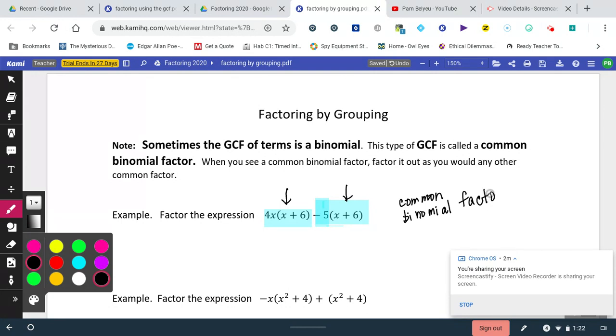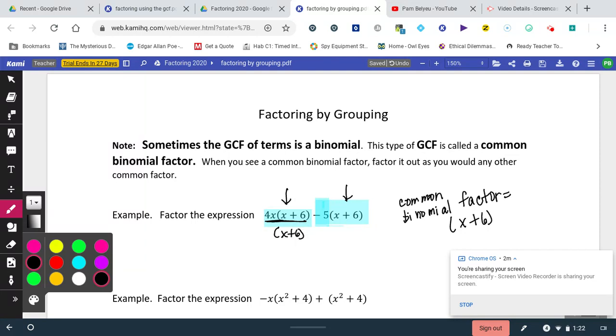And you all pause the video and take notes in your notebook too, okay? So just like in the last unit, I normally divided by the GCF. Now I'm going to divide by this common binomial factor. So I'm going to divide here by x plus 6.